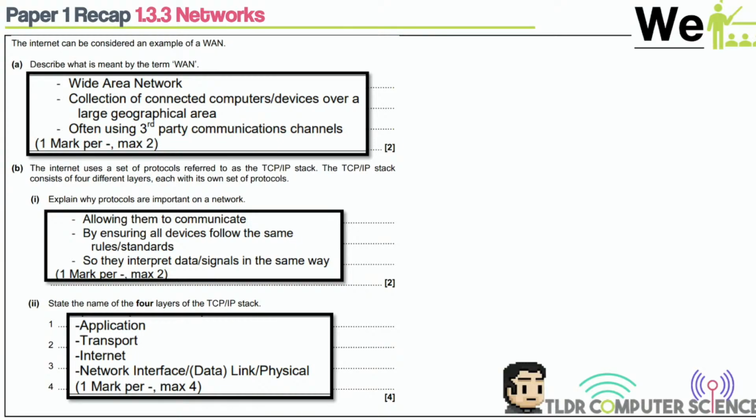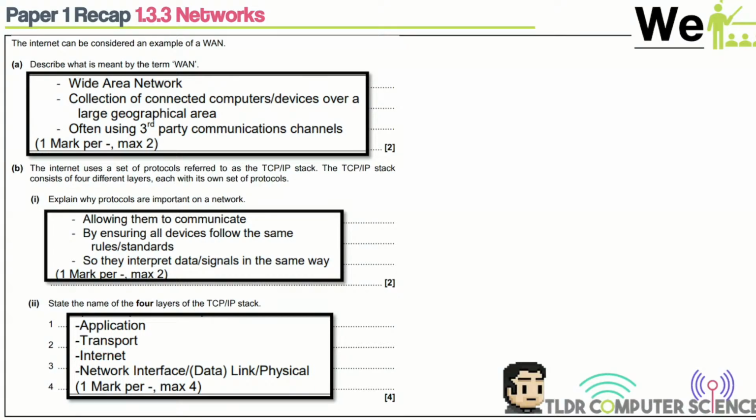Why are protocols important? Well, at GCSE you learn that it's a set of rules that govern communication. But what's important in this case is that we both follow the same rules, the same standards. For instance, in a TCP/IP stack at the transport layer, you decide the size of each individual packet.